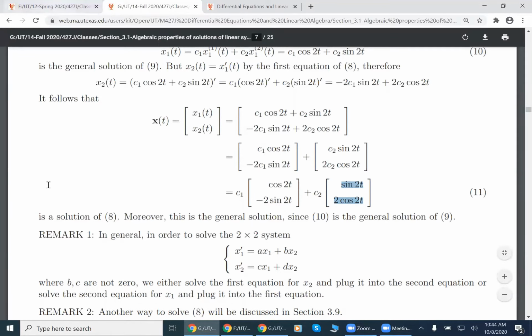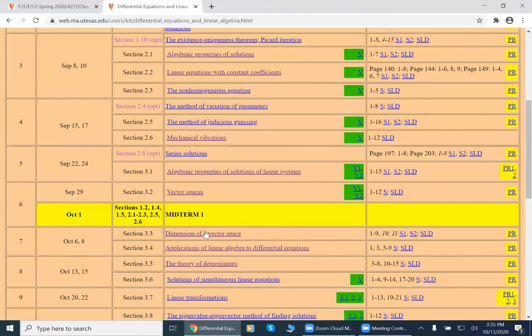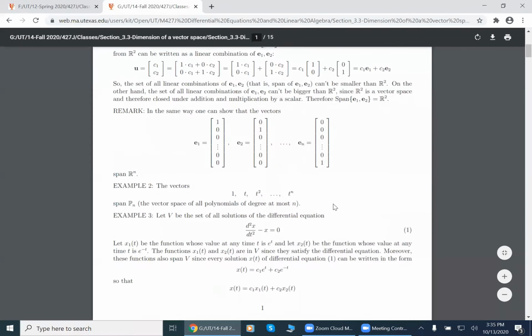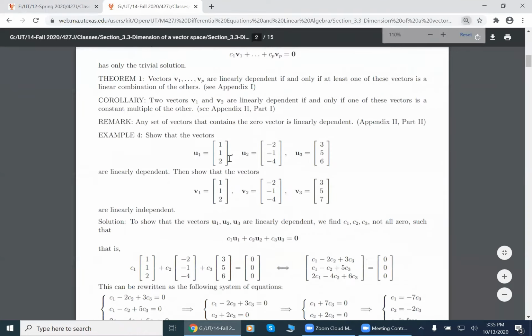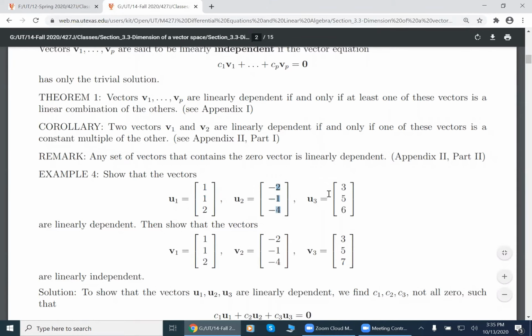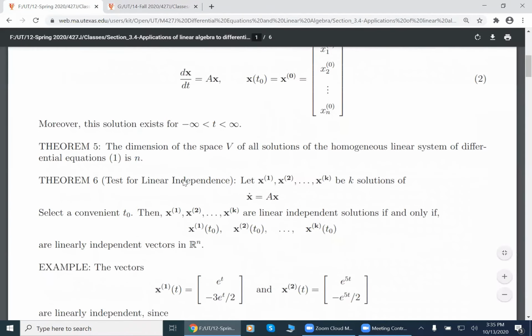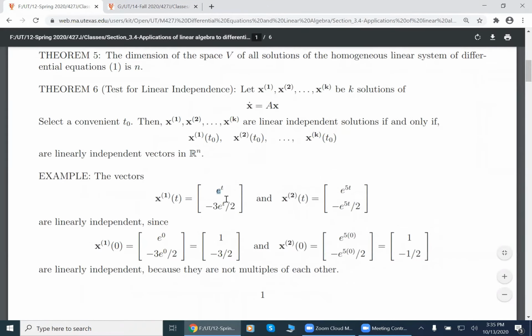Note that in the previous section over here, we discussed a linear independence of matrix columns that have real numbers as entries. But what if instead of real numbers we have functions? For example, take a look at this. Particular solution number 1, particular solution number 2.